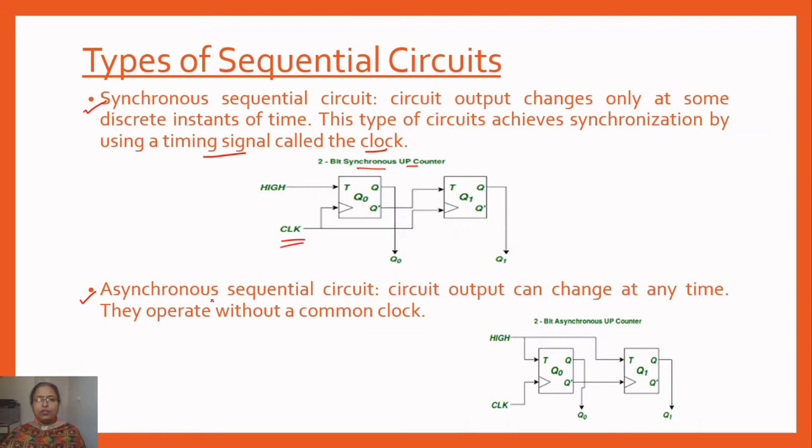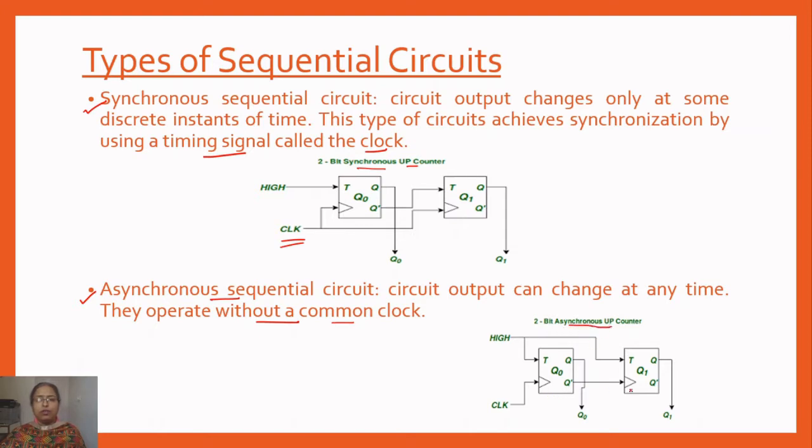Whereas in asynchronous sequential circuits, the circuit output can change at any time, that is, it is not dependent on the clock. It means the flip-flops or the blocks in asynchronous sequential circuits operate without a common clock. As you can see in the diagram, it is a 2-bit asynchronous up counter.